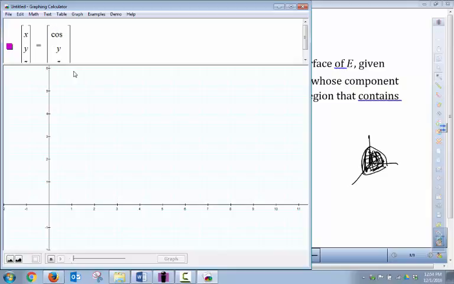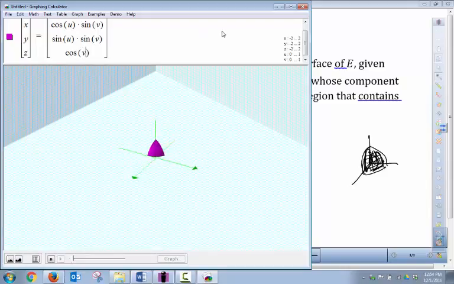Cosine U sine V, sine U sine V, and cosine V, and then we'll have U go from 0 to pi over 2, and V go from 0 to pi over 2.